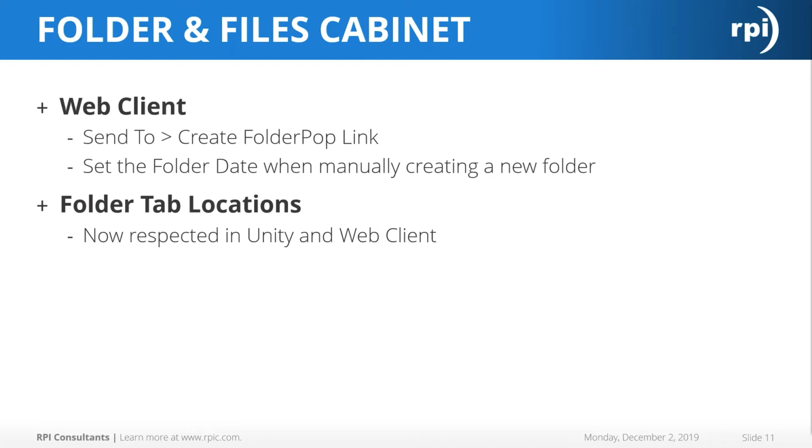The folder pop link will automatically generate an email with the folder pop link using your default email system. Also in the web client, you can now set the folder date when manually creating a new folder. And then in the web client and the Unity client, the folder tab locations are now respected. So you will be able to see those in the client where before they were only respected in the thick client.